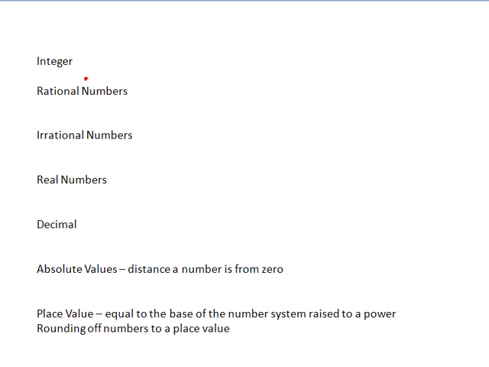First, we'll talk about an integer. An integer can be negative, -3, -2, -1. It includes 0, and then also positive, but they are not fractional numbers, they are whole numbers.